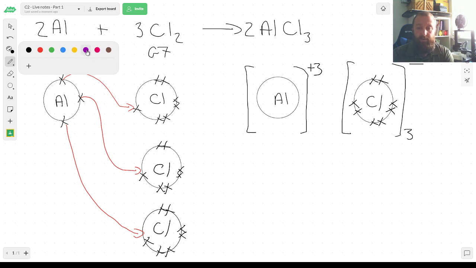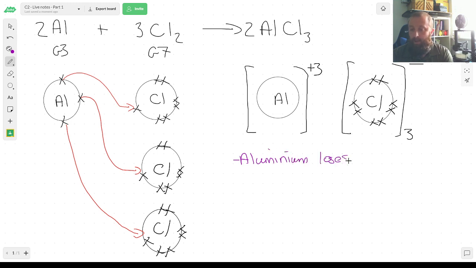And if we want to write this out, aluminium loses 3 electrons to 3 chlorine atoms to become +3.